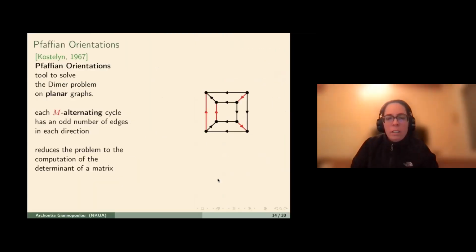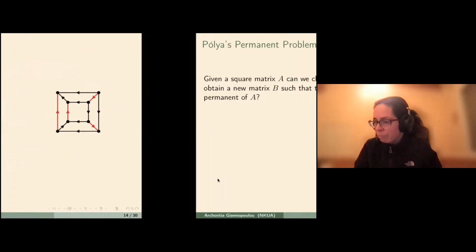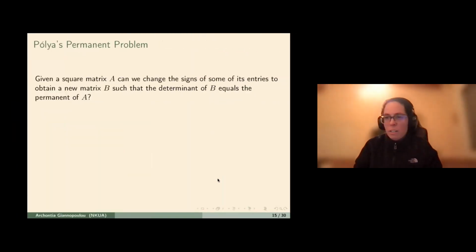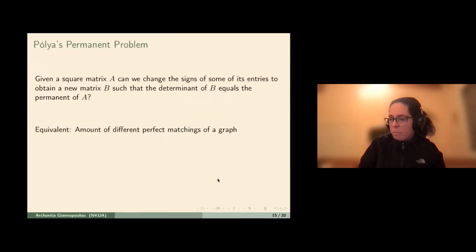And this reduced the problem to the computation of the determinant of a matrix. So instead of counting the number of perfect matchings, we can compute the determinant of a matrix instead. And some other equivalent problems.